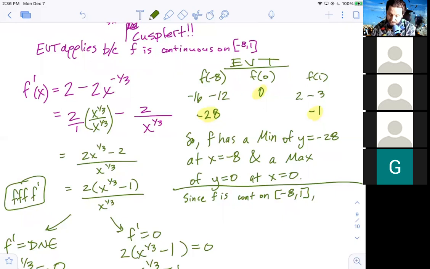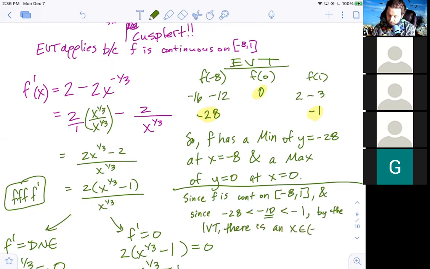So since f is that, then you write the inequality, -28 is less than, I chose -10 arbitrarily, which is less than -1, those are the y values of the endpoints, comma, by the IVT, there is an x value in the open interval from -8 to 1, such that f of x equals -10.